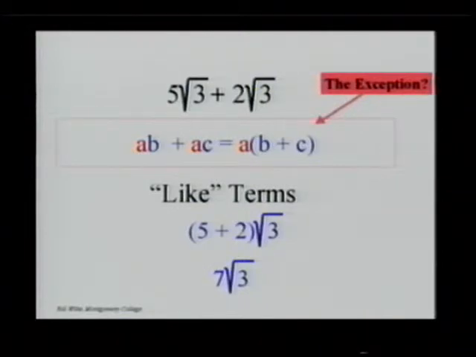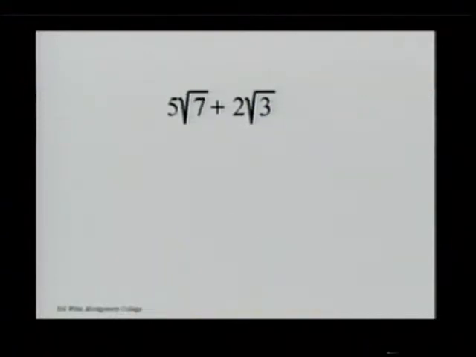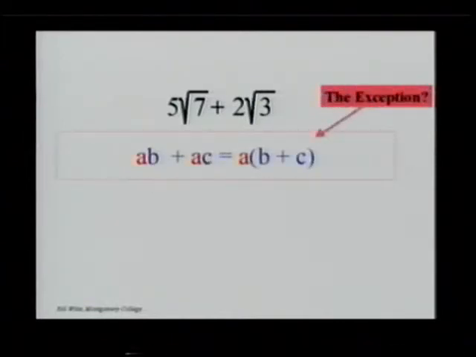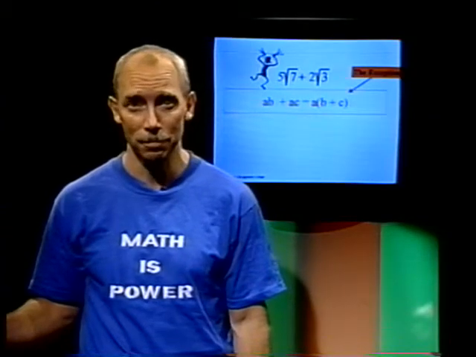We're making it harder than it needs to be. Just add like radicals. How about this one? Well, these ones aren't alike. You do not have that one term to put them together, so if they're unlike, you can't do any more, they're done. It's like adding 2x and 3y.